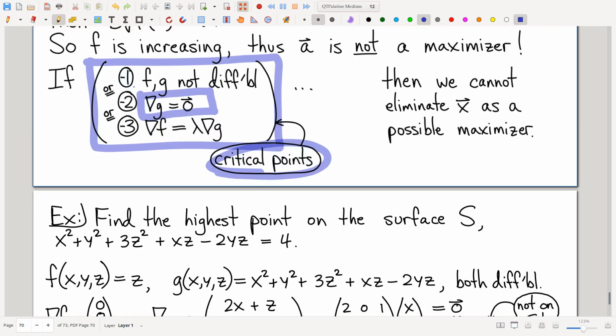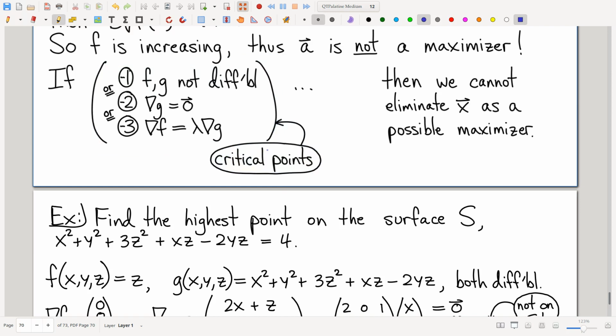Really good reasons for this. It's not something we can go into. And this is the method of Lagrange multipliers, and the lambda, by the way, is what we call the multiplier. It just means a scalar factor. And so this we'll call the Lagrange condition. So we just have to check those conditions. It's just like in single variable. It's just that those conditions now look a little bit different.